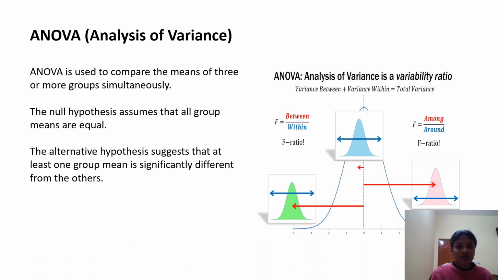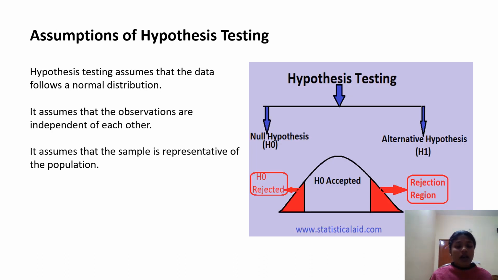Analysis of variance is used to compare the means of three or more groups simultaneously. The null hypothesis assumes that all group means are equal. The alternative hypothesis suggests that at least one group mean is significantly different from the others in an analysis of variance.